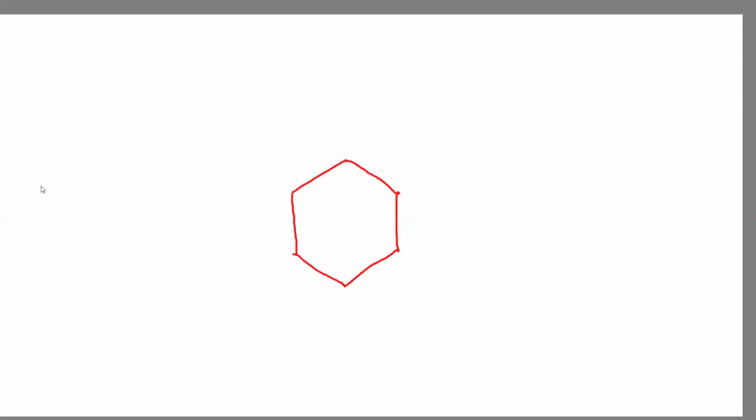So we have benzene, which is the main central compound. Now from this benzene, we can produce different substances, different aromatic compounds.